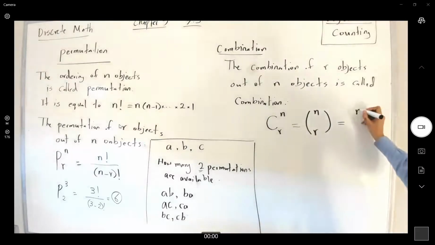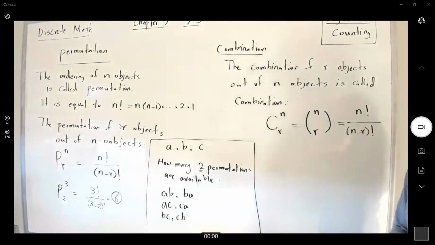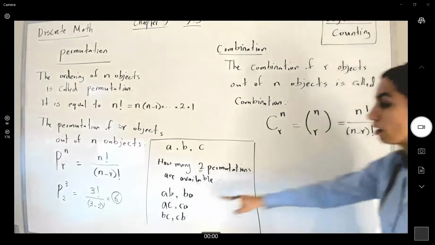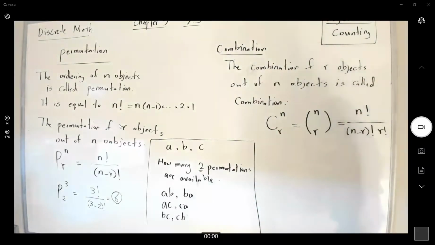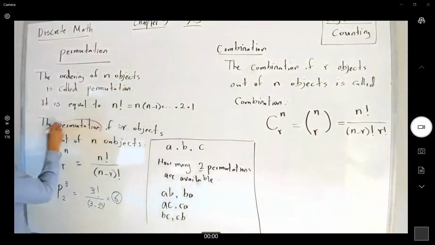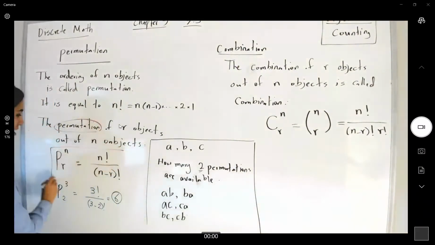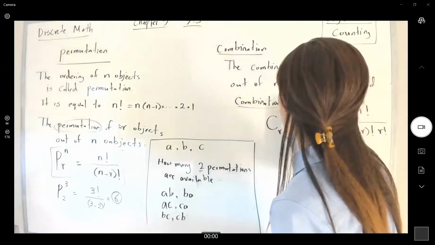So it's going to be n factorial divided by n minus r factorial, and it is multiplied by r factorial. This r factorial is actually all of these repetitions here. So we introduced two formulas, one for permutation, and the other one is for combination.